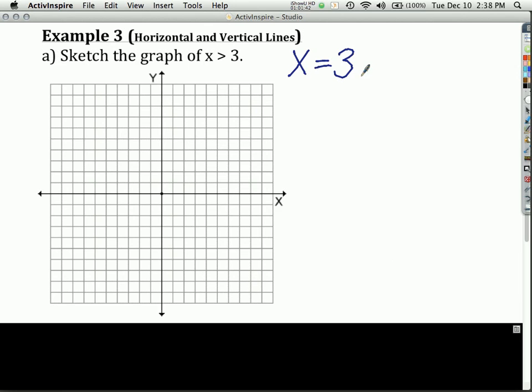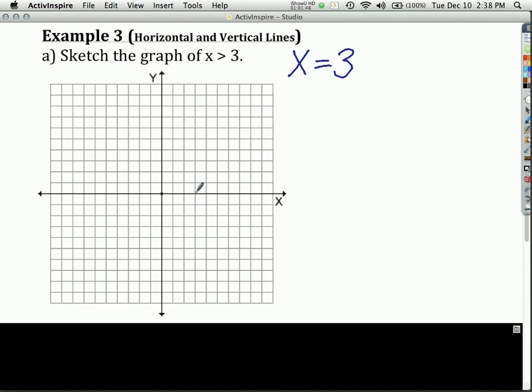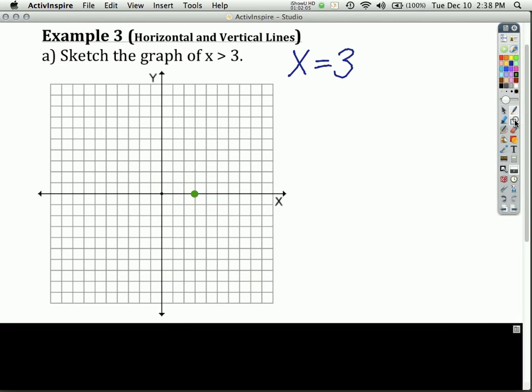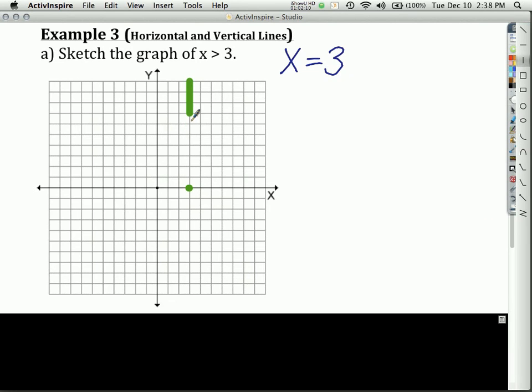X equals 3 means to go on the x-axis to the number 3, right here, and you put a dot. And then you are to draw a vertical line through it. It's easy to forget which one's which and which way it's supposed to go. But that's part of your job, is to remember which way it's supposed to go. So we're now going to draw a vertical line through that point.